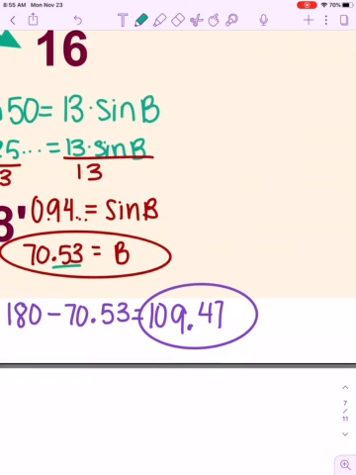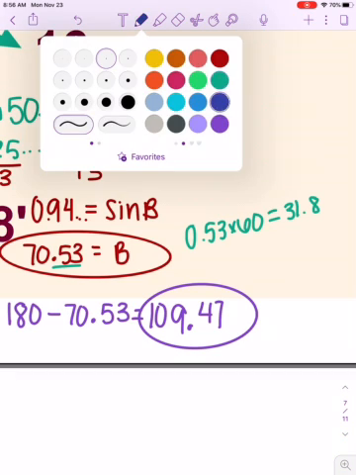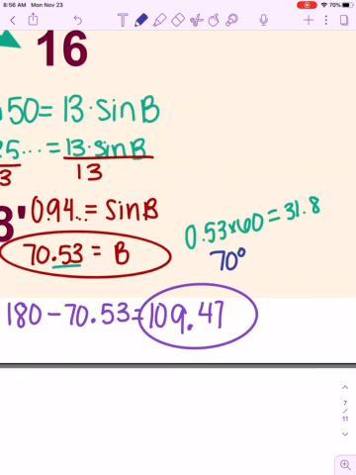So you're going to take the 0.53 and multiply it by 60. So 0.53 times 60 is 31.8. So that's going to be 70 degrees, 32 minutes. So there's our first one.